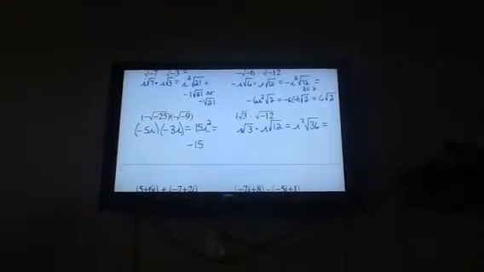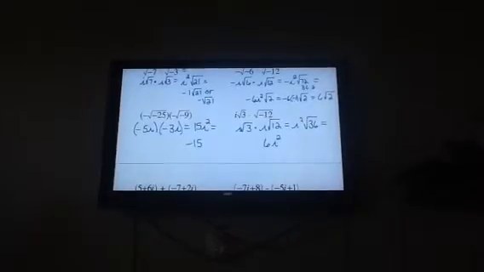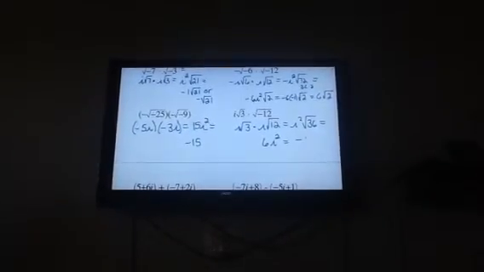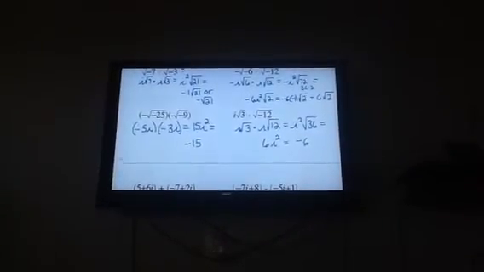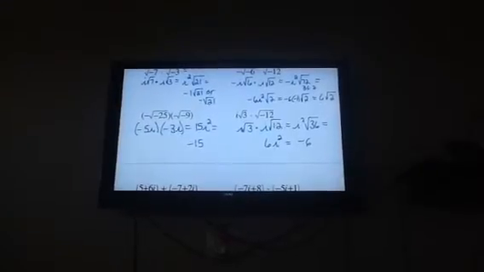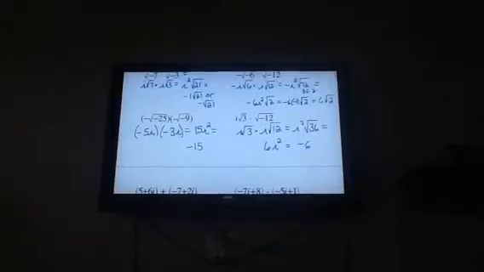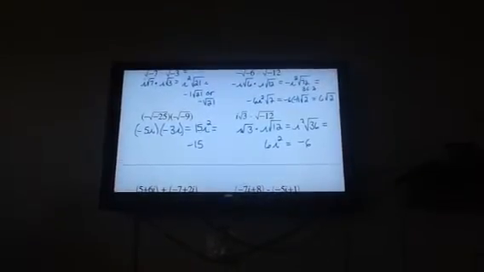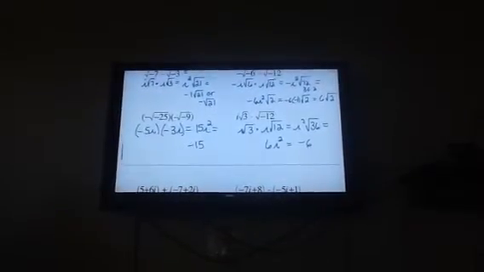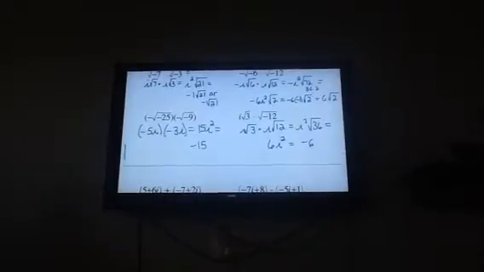The square root of 36 is 6. i squared was already there. i squared is just negative 1, so negative 6. Okay, some questions.